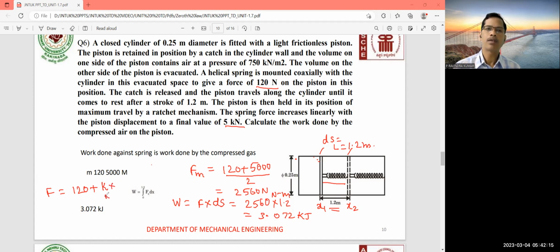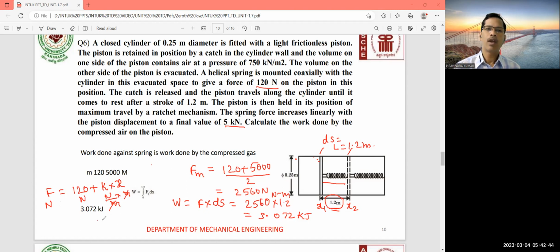Always observe this one. The displacement here is 1.2 meter, so that is x. 120 plus k into x, this is also meter. So meter cancels, Newton, and on the left side it is also Newton.